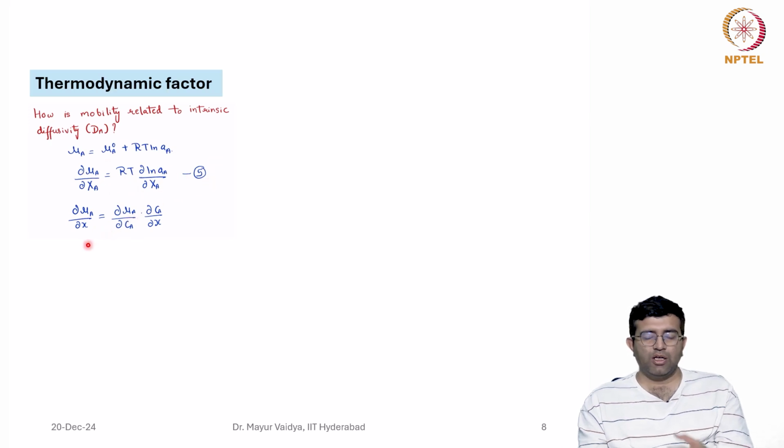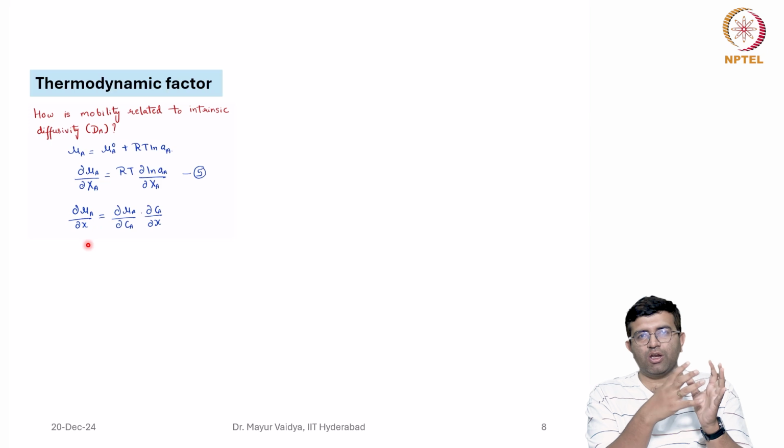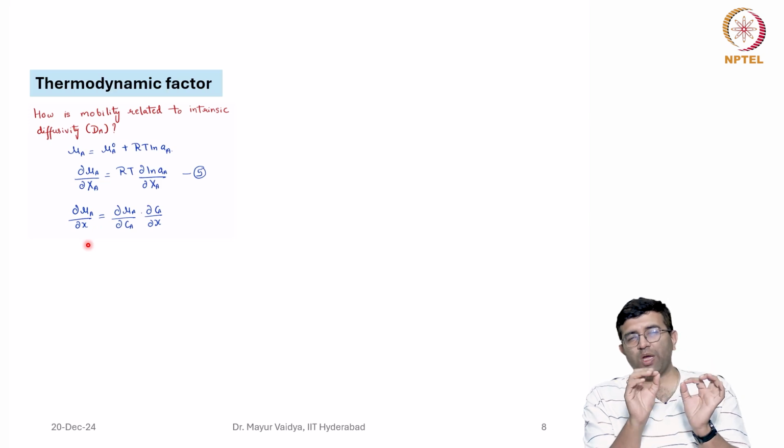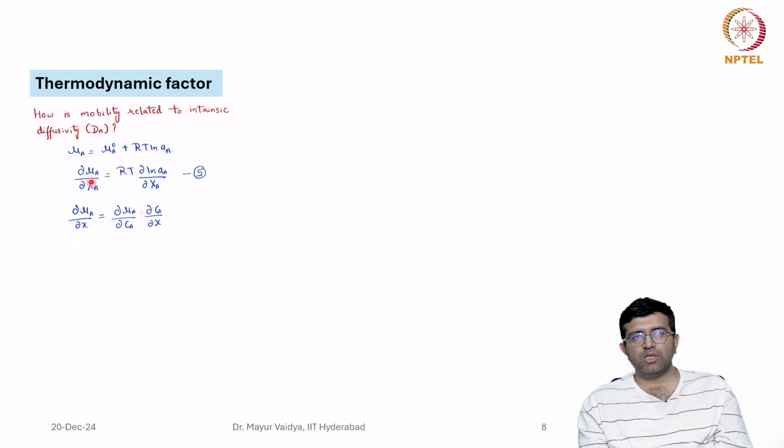Now, remember in the equations previously, when you are relating flux, you have dou mu A by dou small x. See the difference here, this is XA, which is the mole fraction. This x, small x, is the distance. So, using the chain rule of differentiation, I can write this as dou mu A by dou Ca into dou Ca by dou x.